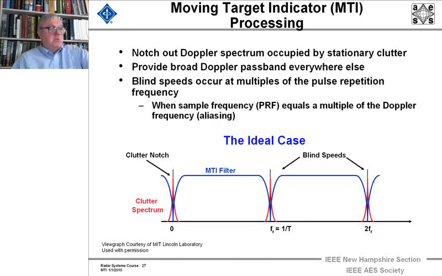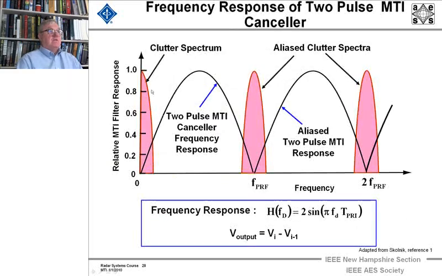In some radars, if this corresponded to 0 and this corresponded to 100 knots radial velocity and this 200 knots, if the target was at... of what the Doppler spectrum would look like of a typical radar, and this is the true two-pulse MTI canceller frequency response. And notice the aliased clutter spectra too. That aliases also. And I haven't forgotten, targets can be coming or going.